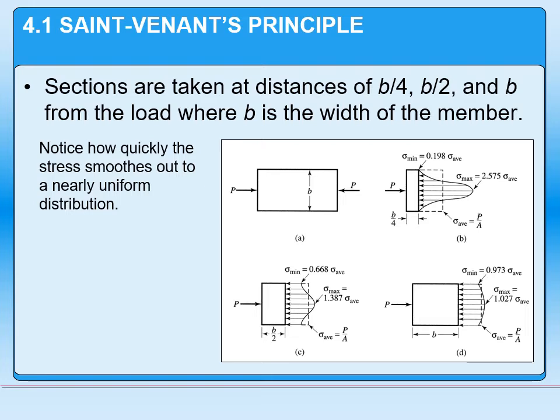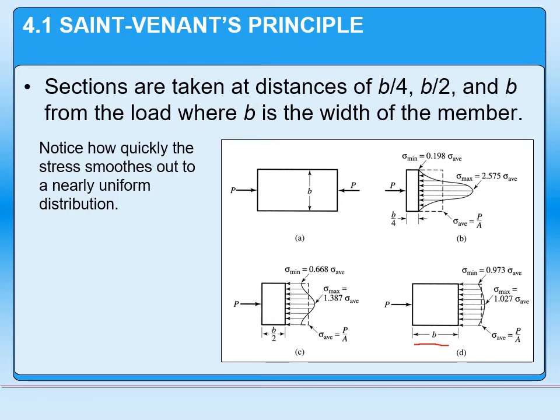So we can see that the stress smooths out to a nearly uniform distribution at about b distance, right? And b is just a variable. It's the width of it. If you were looking at a cylindrical member, then you could use the diameter. So it works as either the width or the diameter.